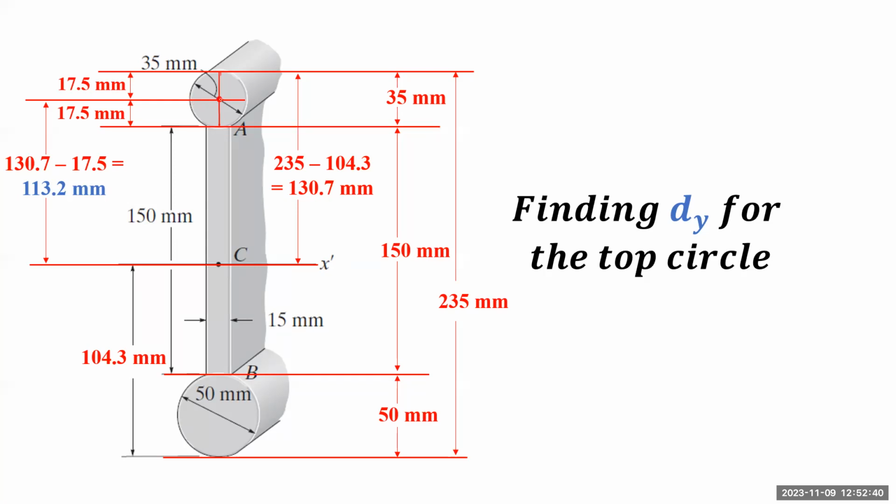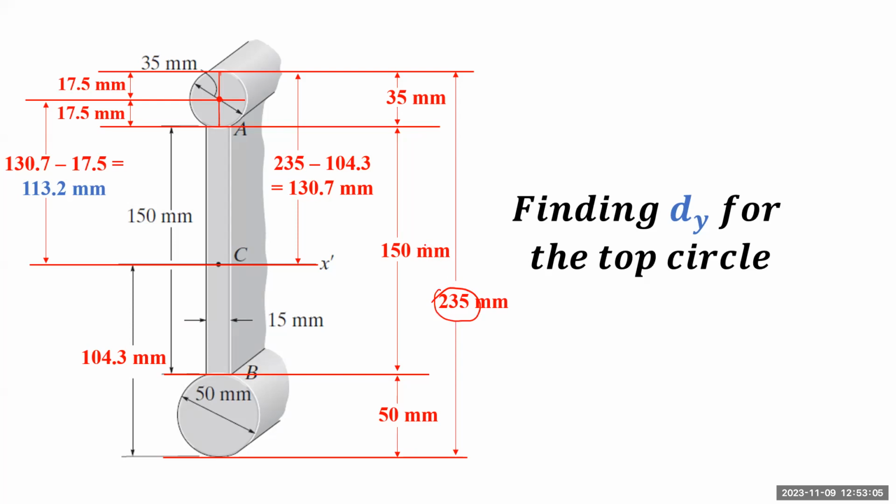Most importantly, we need to establish the total distance from the center of this figure to the base. We also need to know the total height from top to bottom. Let's look at it: 35 plus 150 plus 50 gives you an overall height of 235.